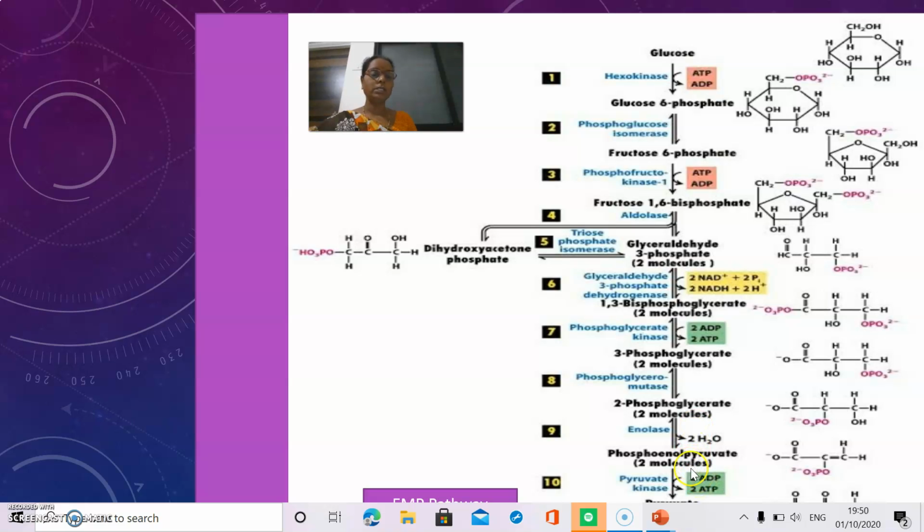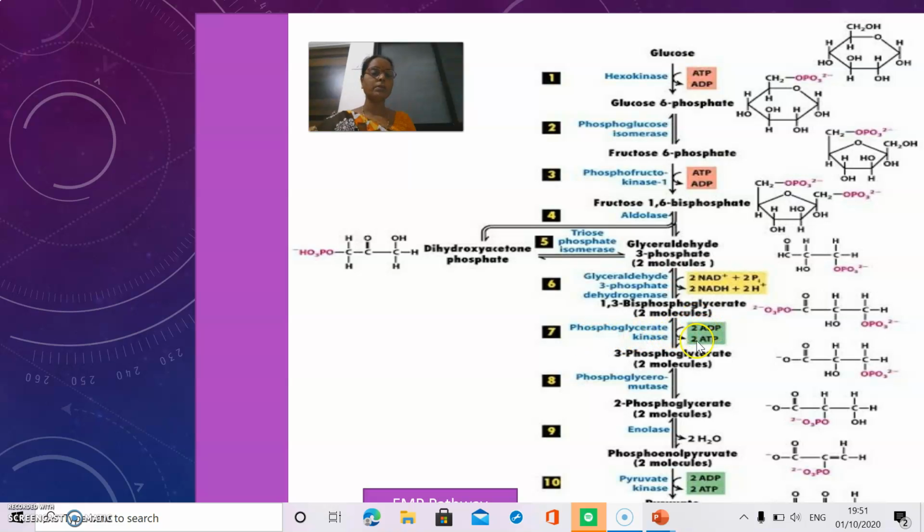Here we see the ATP molecule formation. In the first reaction, 1 ATP molecule is involved, and in the third reaction 1 ATP molecule is also utilized. Total 2 molecules of ATP are utilized. We see the formation of ATP molecules.